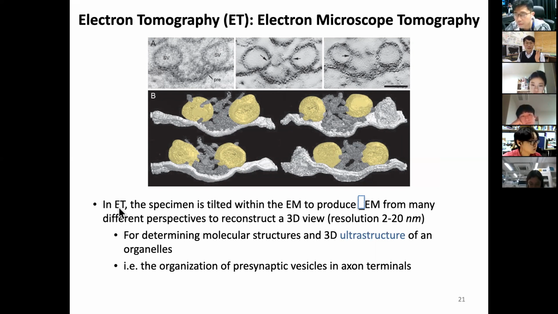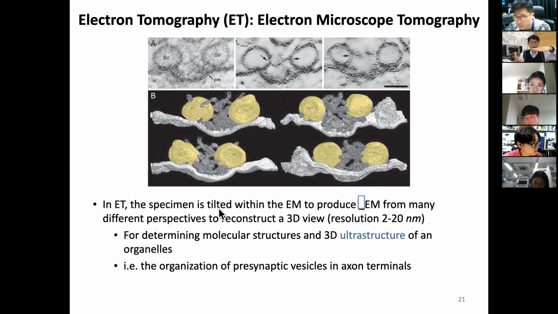Tomography sees inside. How? The specimen is tilted. Hey, there's a specimen. You make one transmission EM image, but the specimen is thin yet has a structure. And you tilt this and make an image. Tilt this, make an image. Remember, CT, computed tomography, is shining on the object from different angles to reconstruct 3D.